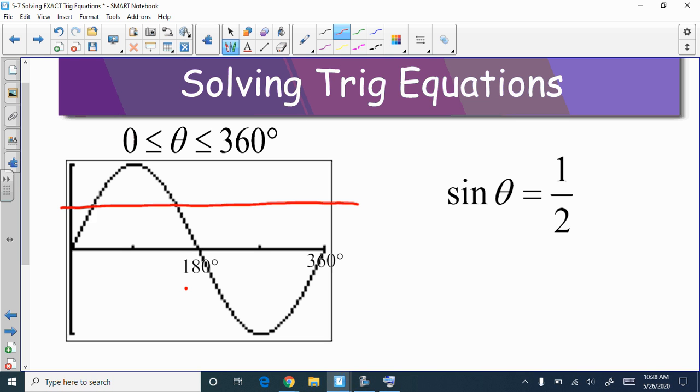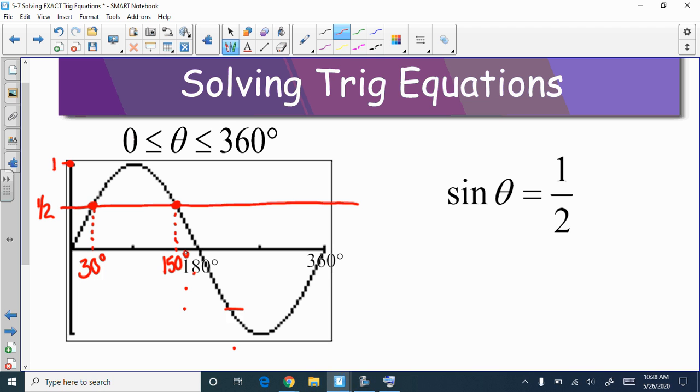We know our maximum right here is at 1, and here's where 1/2 is. We see that it crosses over at 2 points, even if you were to use your unit circle. Those values are at 30 degrees and also 150 degrees. So there are two solutions.